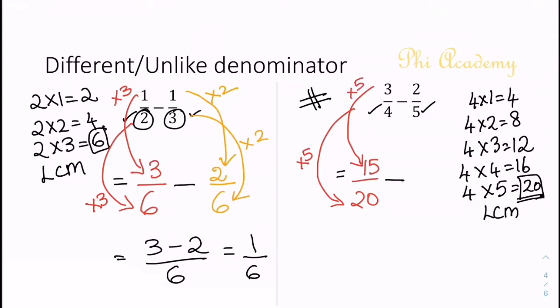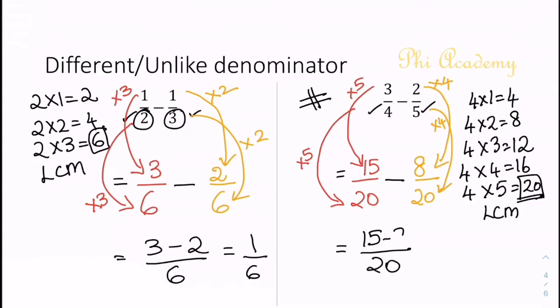Let's convert 2/5 now. Out of 20, so 5 times 4 giving us 20. So you do the same to the top as well. 2 times 4 giving us 8. Let's put this all as a single fraction out of 20. We have 15 take away 8 giving us 7 out of 20.